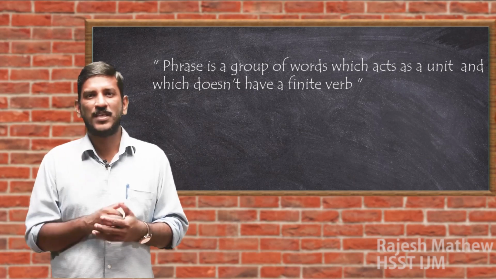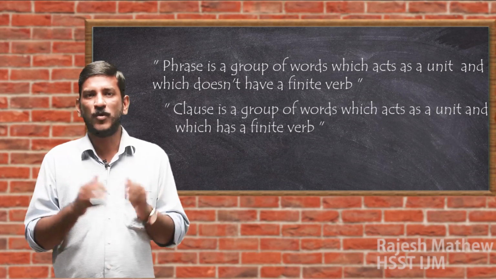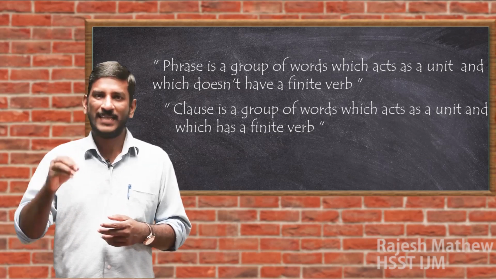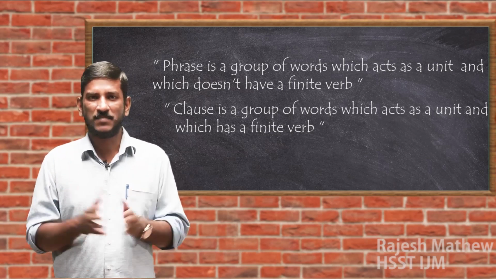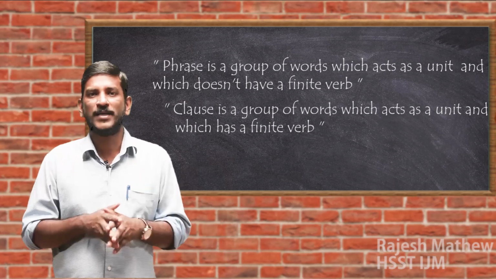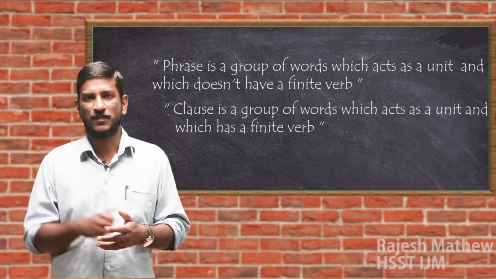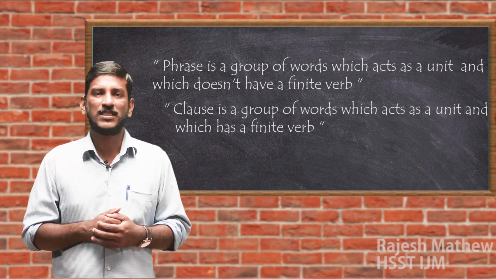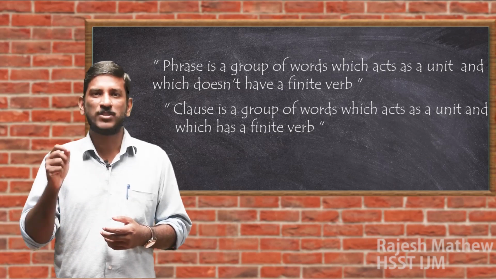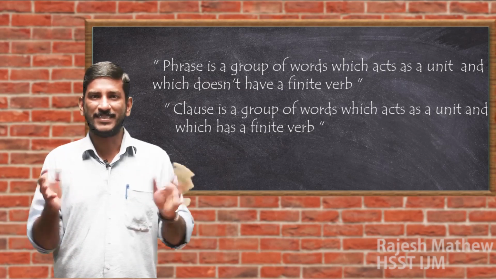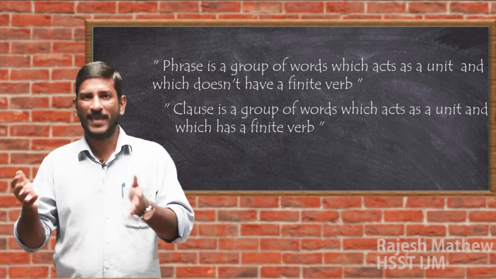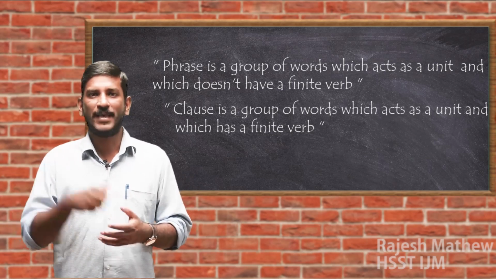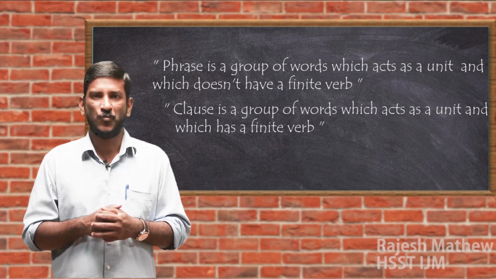Whereas a clause is defined as a group of words which acts as a unit. At the same time, that unit should have a finite verb. So the major difference between a phrase and a clause is that a phrase doesn't have a finite verb, whereas a clause should have a finite verb.